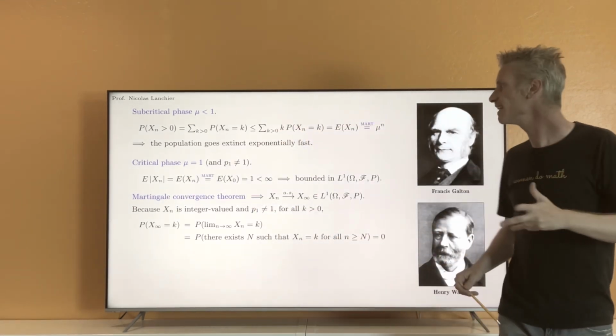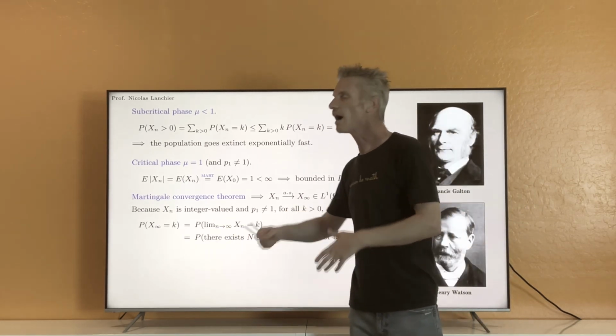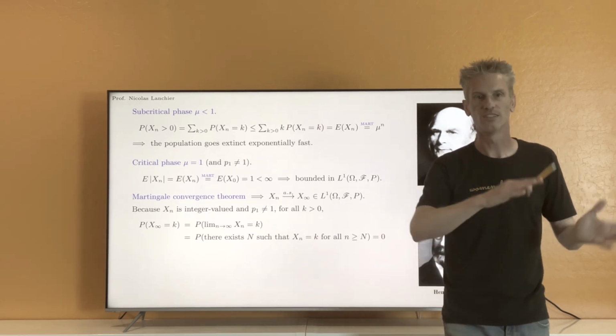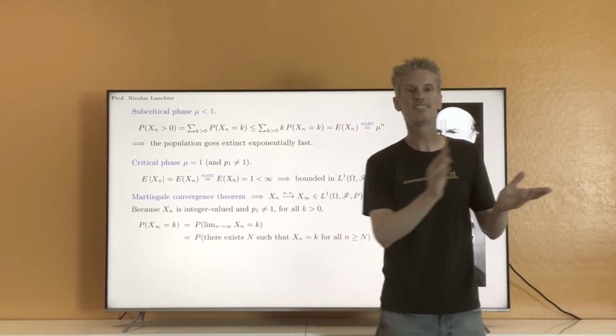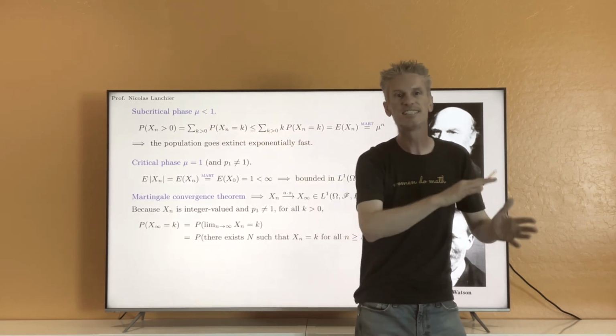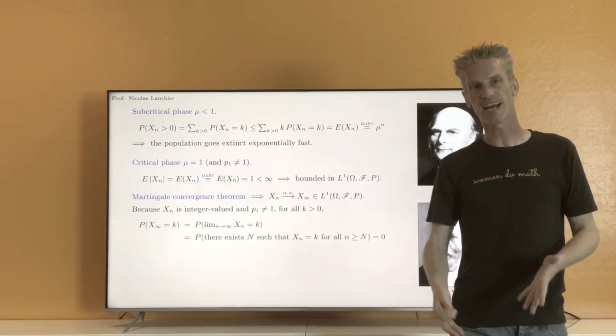Xn can only be an integer. And one particularity of sequences of integers that converge to a limit is that the time it takes to go to the limit is not infinite. Your sequence is going to reach the limit in a finite time.